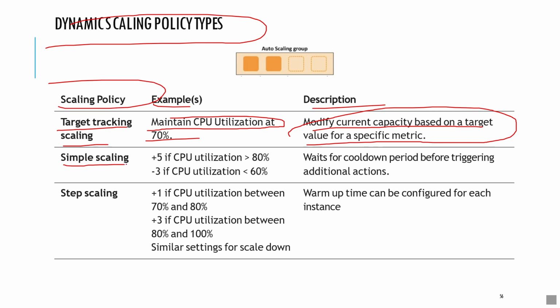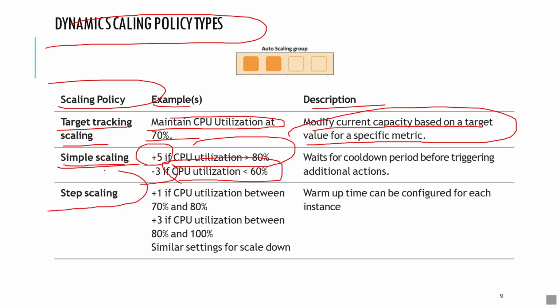In simple scaling, if the CPU utilization is greater than 80%, we need 5 instances in order to handle the traffic. But if the CPU utilization is less than 60%, then we need only 2 instances to handle the traffic. So that is about simple scaling.